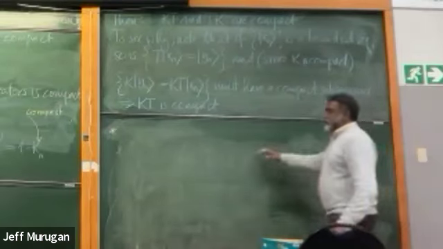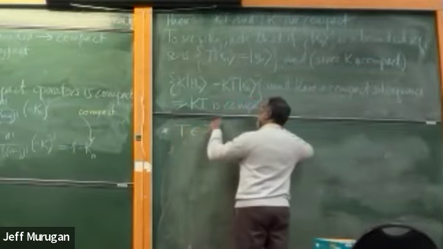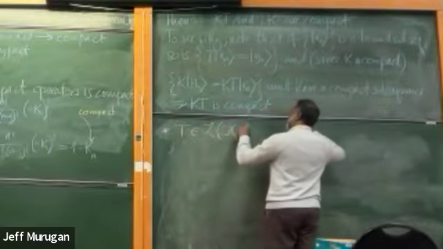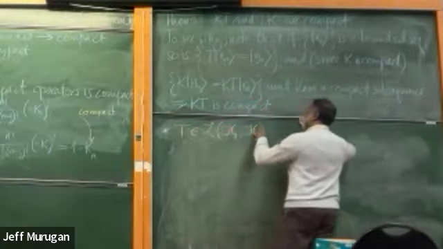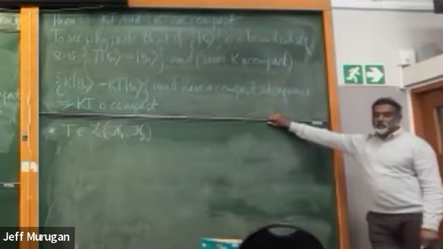So now suppose I have some operator T that lives in the set of linear operators between H1 and H2. And this guy T is called finite rank if its range is finite dimensional.